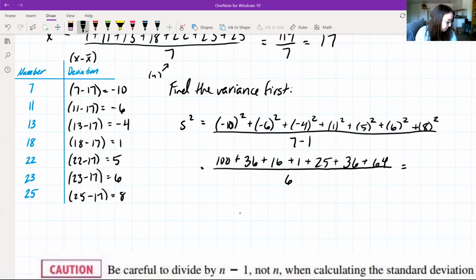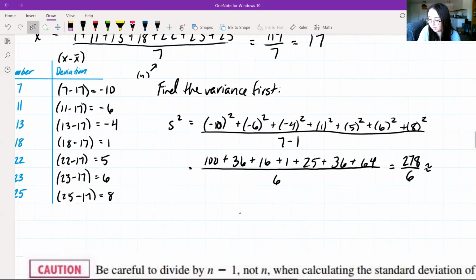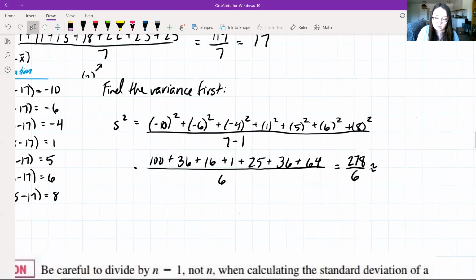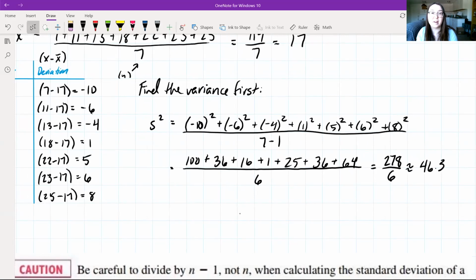So we end up getting 278 divided by 6. So now we have this value and we can calculate what our variance is. So we can just solve for 278 divided by 6, and this is going to end up being 46.3. So we see that s squared is equal to 46.3.